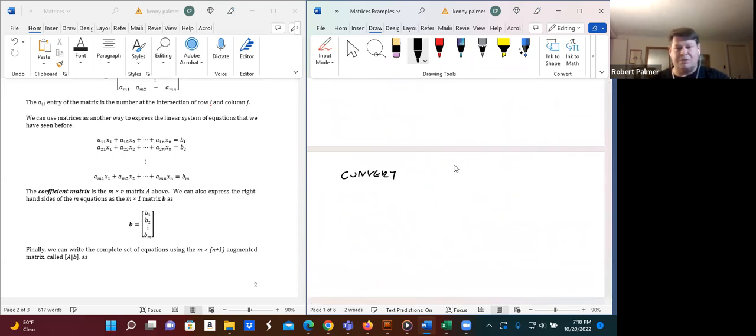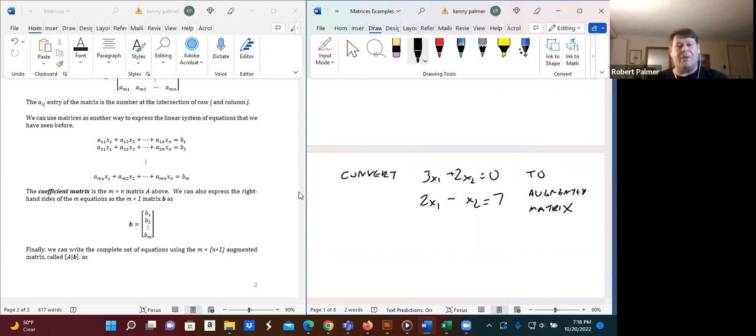We want to convert our system. Let me just rewrite it again: 3x1 plus 2x2 is 0, and then 2x1 minus x2 is equal to 7. Convert this to what we'll call an augmented matrix.